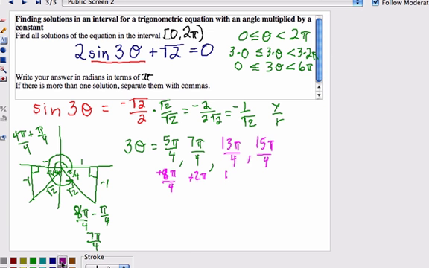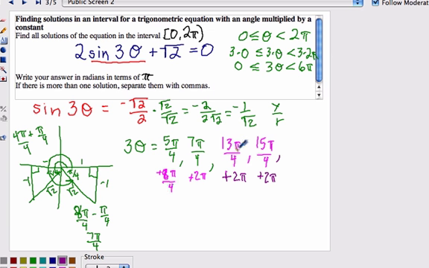Let's see. I'm going to switch up all my colors here. So if I add 2 pi to this one and 2 pi to this one, it's going to give me my next 2 values. Because again, if I add 2 pi to this one, that's all the way around twice, plus all the way around to this reference angle again.